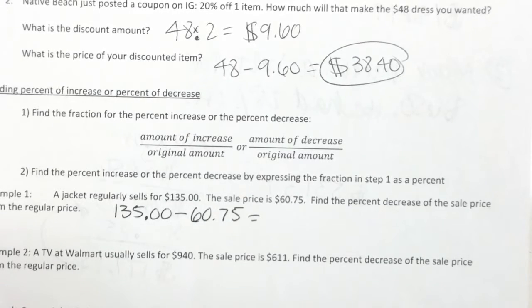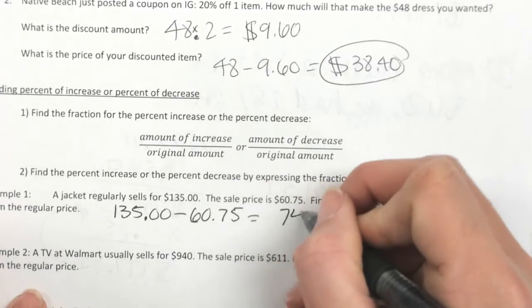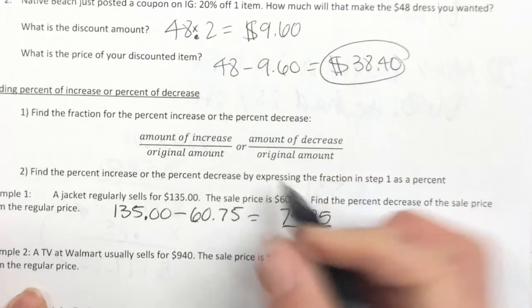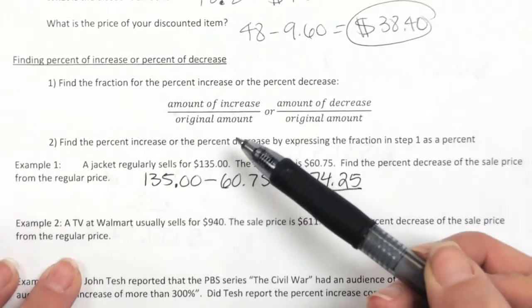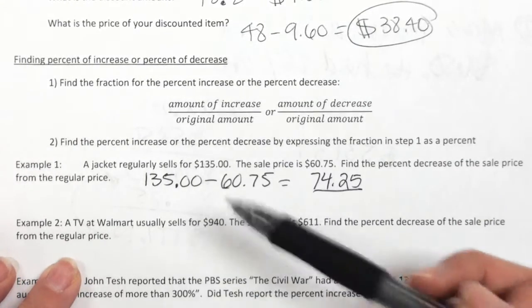Y'all going to make me pick on somebody? All right. Caitlin, what'd you get? Hold on one second. You said 74 what? Good. 74.25. Now when we find the difference, we're going to divide by the original amount. And how much was the jacket originally? 135. Good.